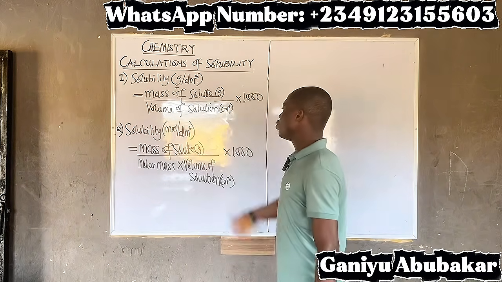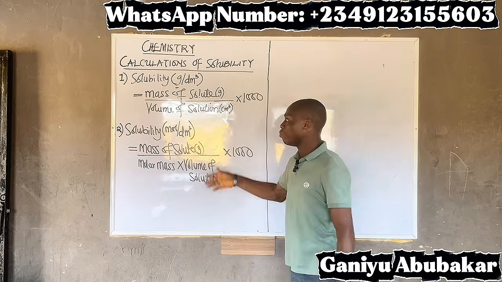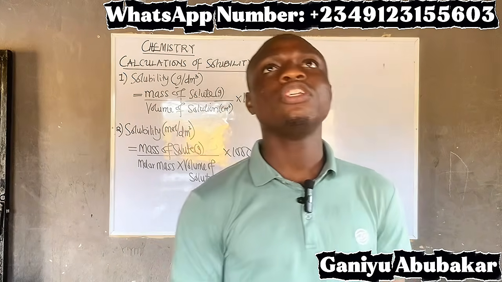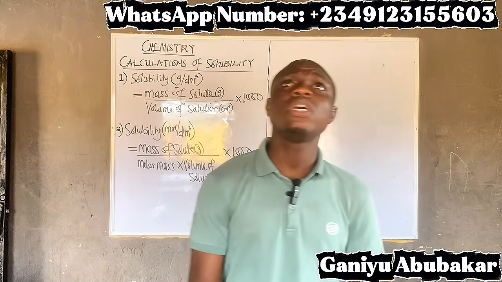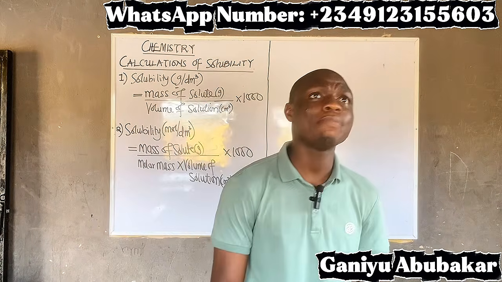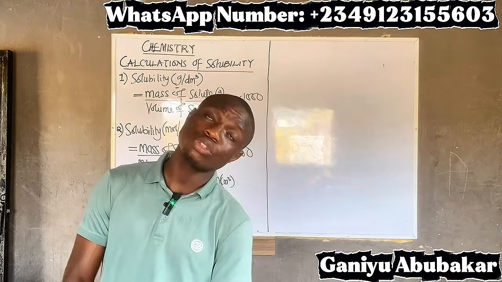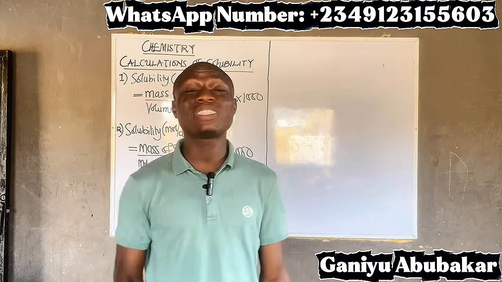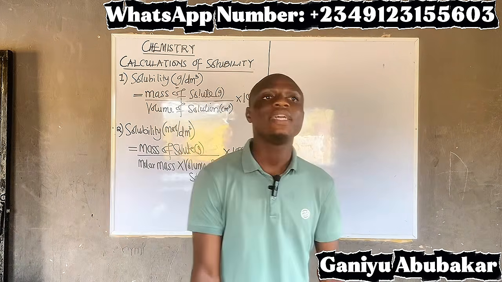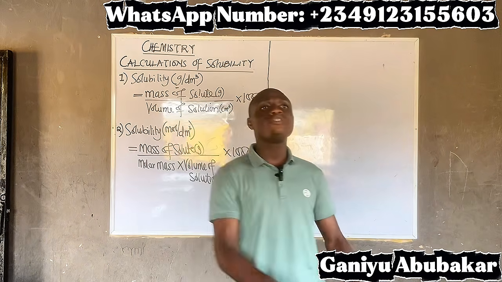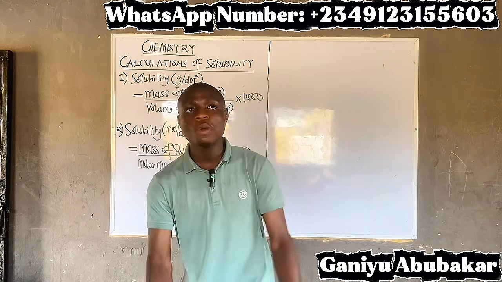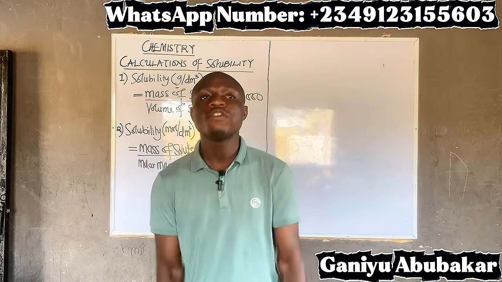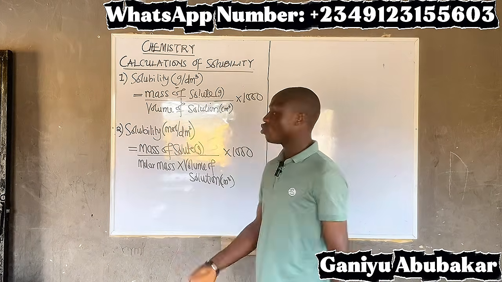At this junction, let's take an example to further explain how to apply these two formulas in solving problems. The first one was gram per dm cube: mass of solute over volume of solution times 1000. Number two is that solubility in mole per dm cube is equal to mass of solute over molar mass times volume of solution times 1000.